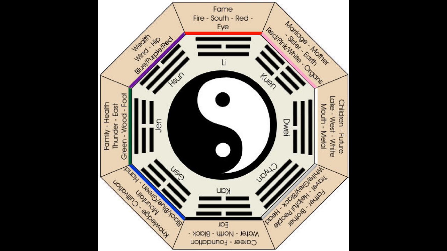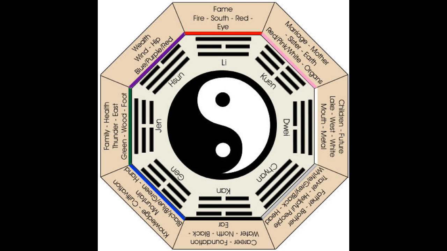The trigram that is associated with this section is Kun, which has 3 broken lines, which means the receptive field. The image from nature associated with this section is the earth. Its attributes are devoted and yielding, and in a family dynamic it corresponds to the mother. The animal associated with this section is the cow.